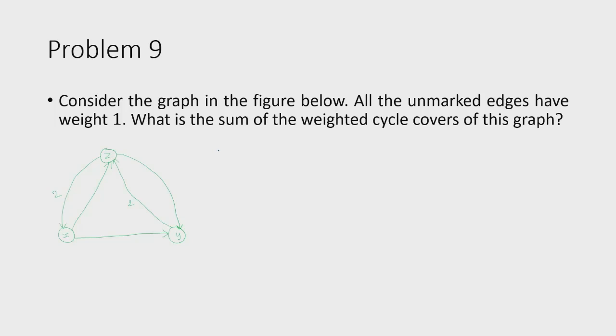Now, recall that a cycle cover is a set of disjoint cycles such that every vertex is present in at least, in exactly, because they are disjoint, at least and exactly are the same.